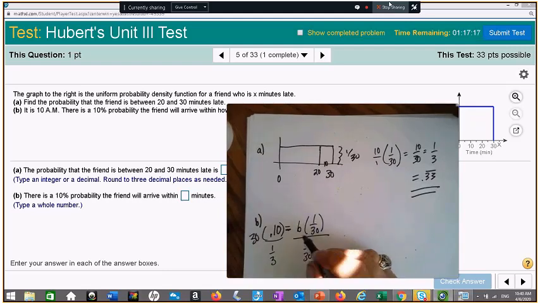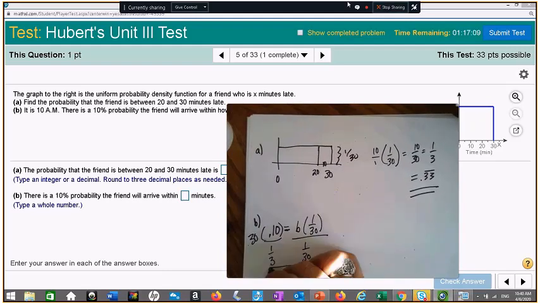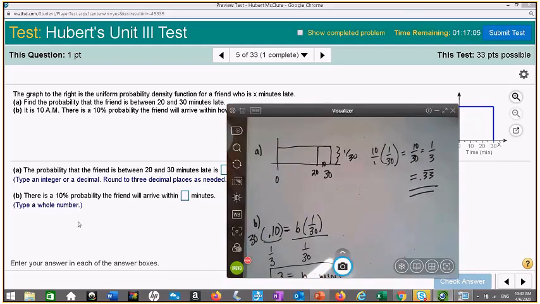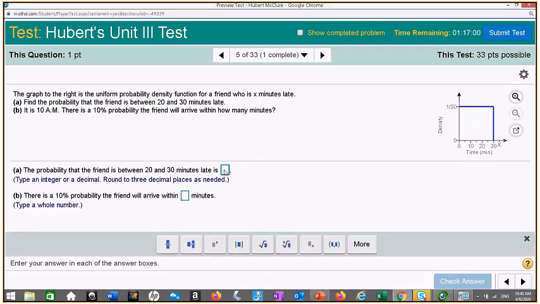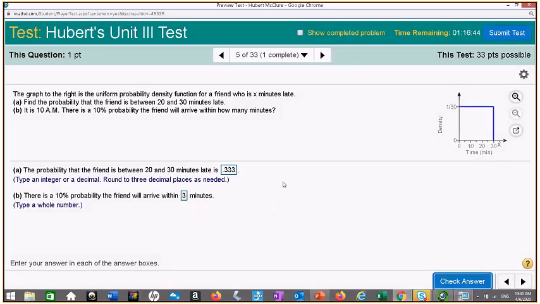So what's 10% of 30? So 3 minutes. So first one is round to 3 decimal places, 0.333. And this one, 3 minutes. And you should feel good about yourself. Next.